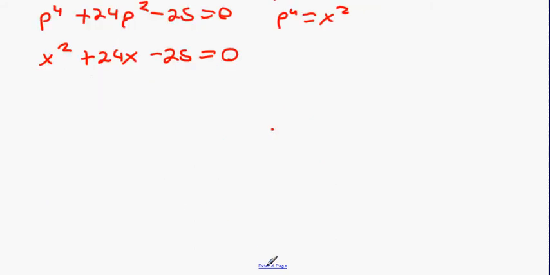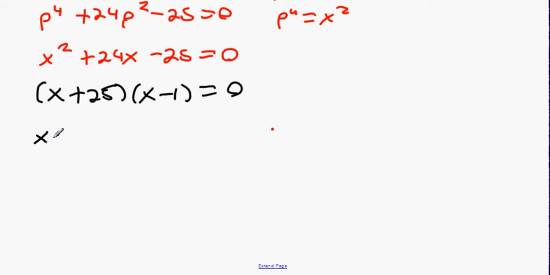We don't even need the minus b formula; we just do a regular quadratic: x plus 25 and then x minus 1 equals 0.